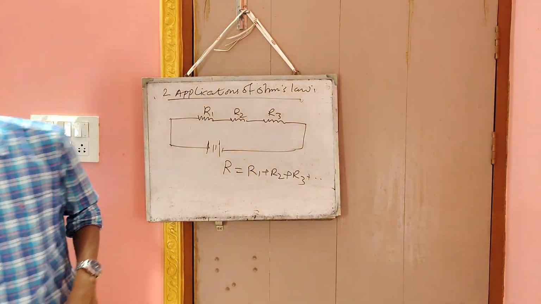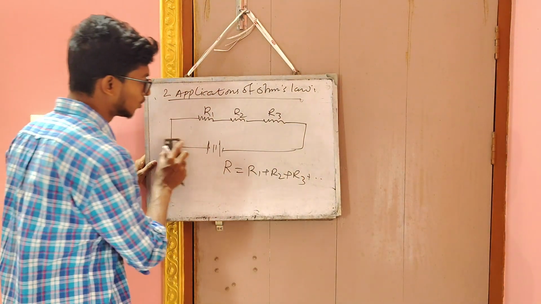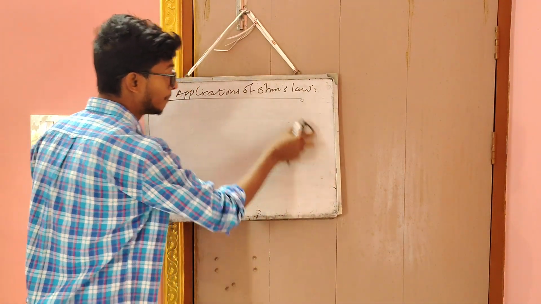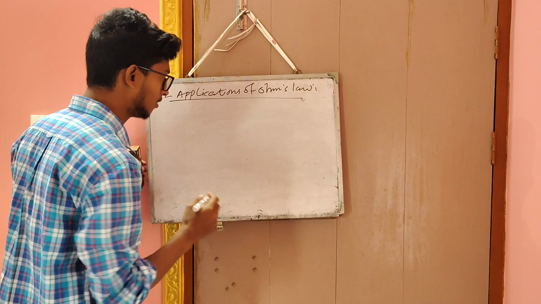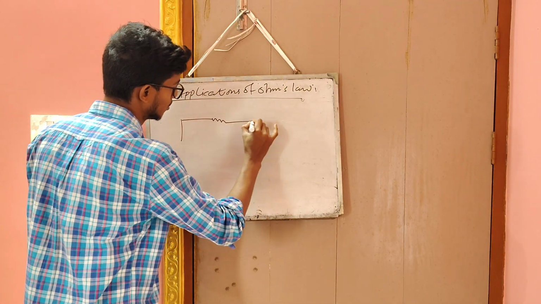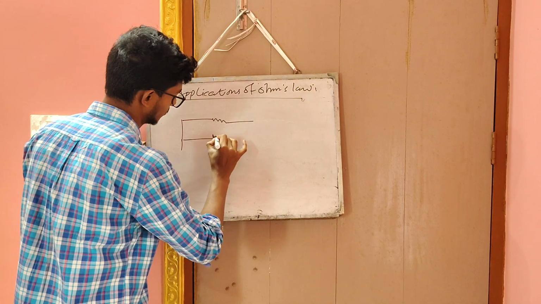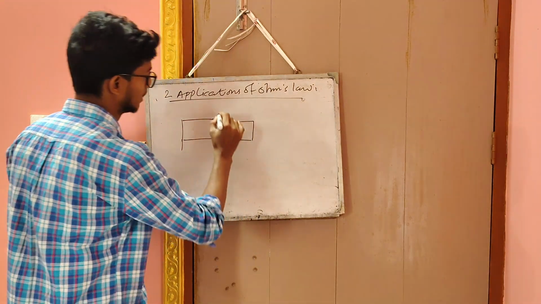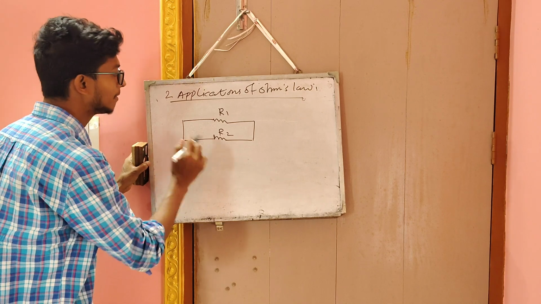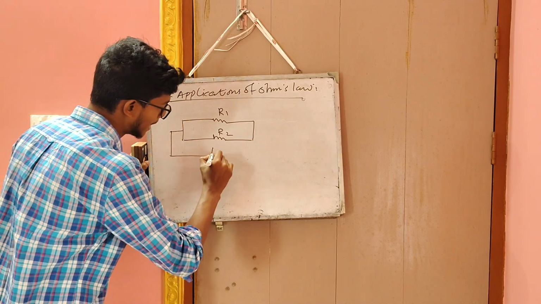When two or more resistors are connected in parallel combination, this is the parallel law. This is R1 and this is R2, connected in parallel.